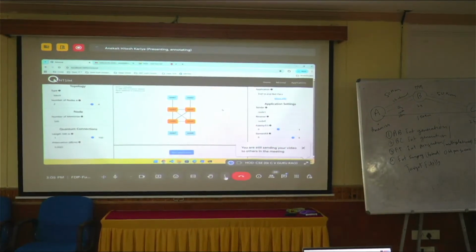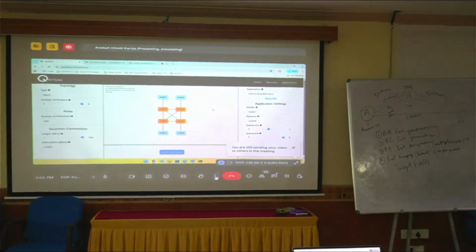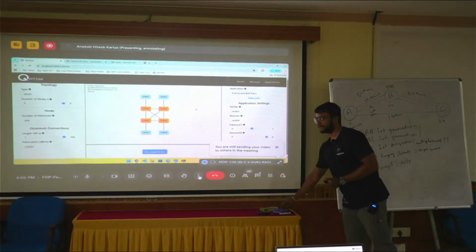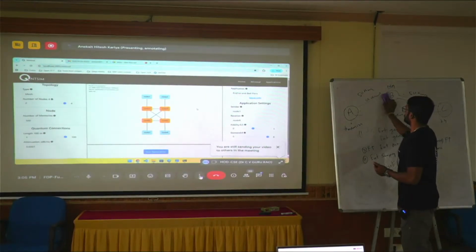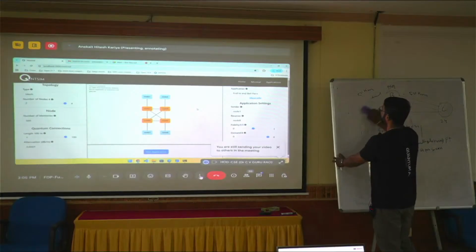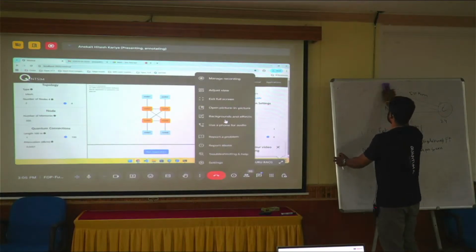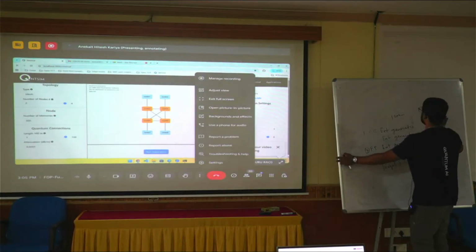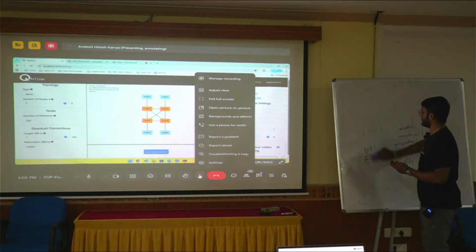But before that, just to add one perspective from the previous talk: Aniket explained to you all the physical parameters, but let me make a connection to what we know in computer networks today.